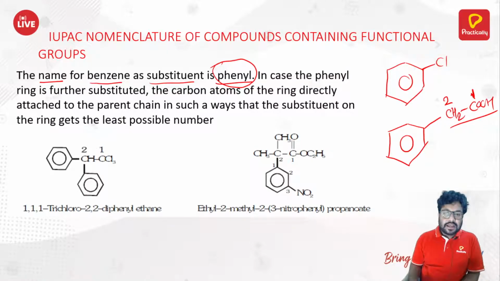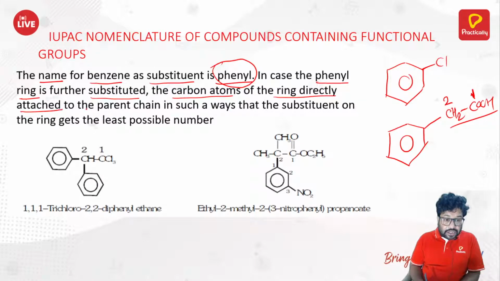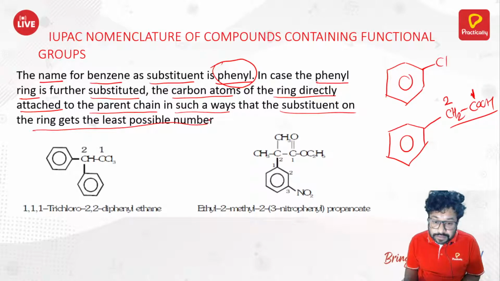Now, in case the phenyl ring is further substituted, the carbon atom of the ring directly attached to the parent chain is numbered in such a way that the substituent on the ring gets the least possible number.